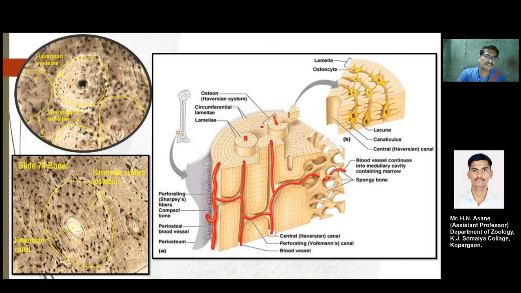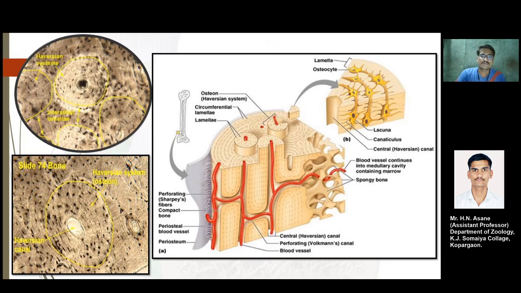If we zoom in and focus on only one Haversian canal, that is the Haversian system, also known as the osteon. One osteon is also named by means of the osteocytes present in it.